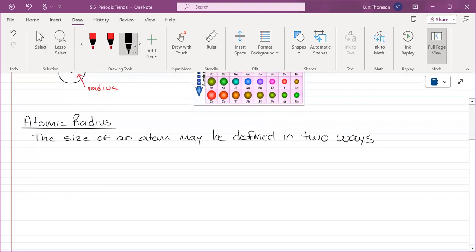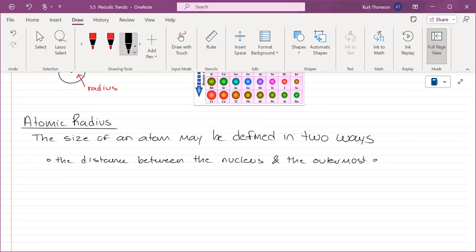So the first one is going to be the distance between the nucleus, which is the center, like what Connor was saying, or Kellen was saying in the beginning of the class, in the circle or the atom, between the nucleus and the outermost electron orbital.